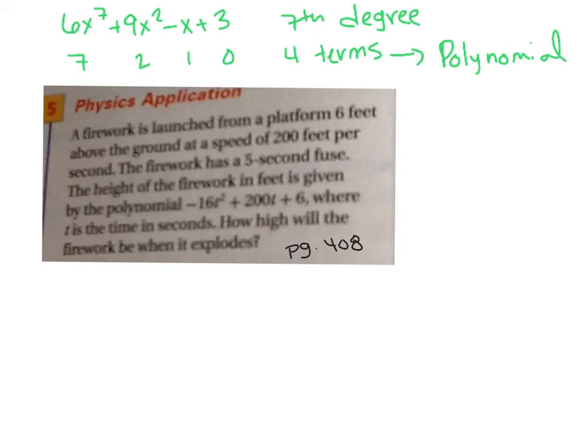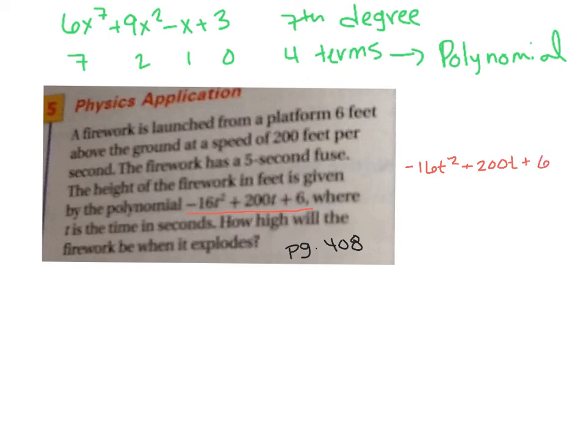Well, they give you the expression in the problem that you're going to use. You're going to use negative 16t squared plus 200t plus 6.